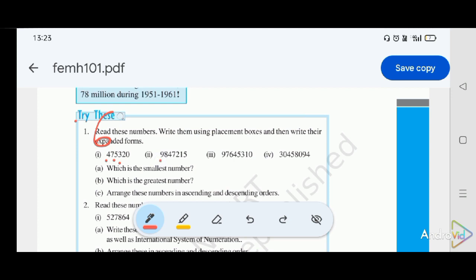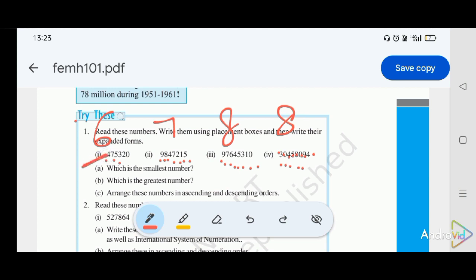In this case it has 7 digits. The next has 8 digits. In the fourth, this number is also having 8 digits. So this is the least number.